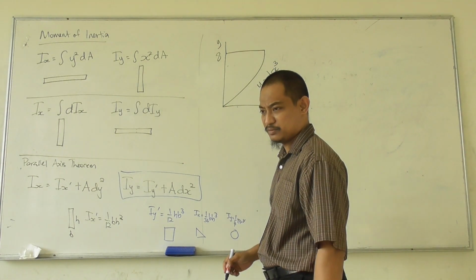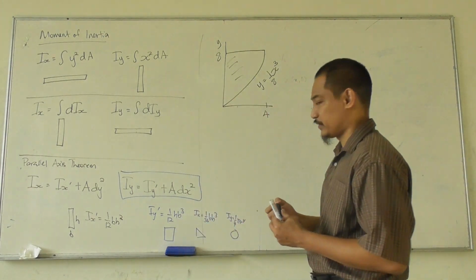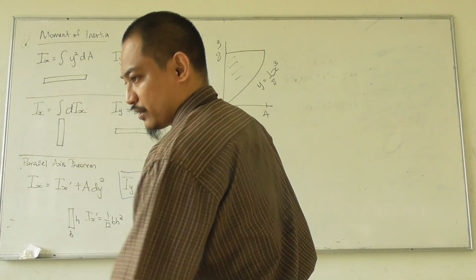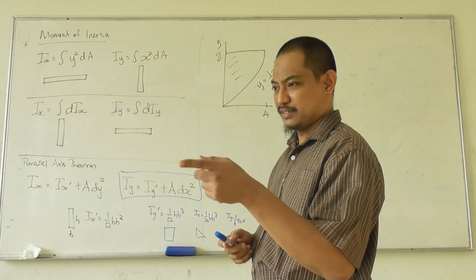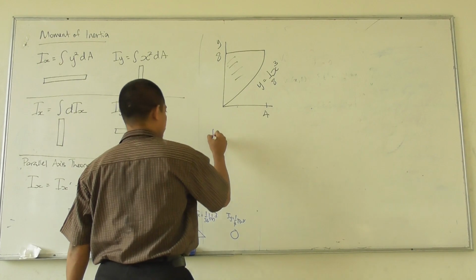Have we done this one before? No, right? So this is the shaded area. In this case it says determine moment of inertia about x-axis. So Rx.